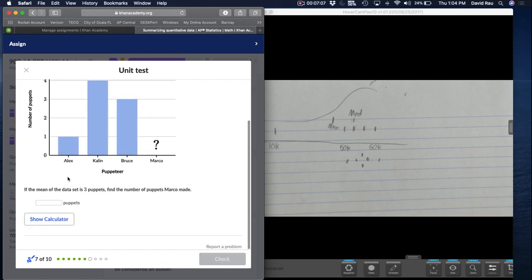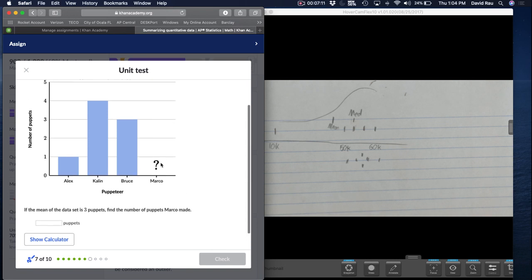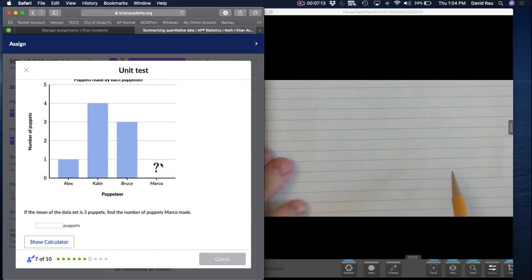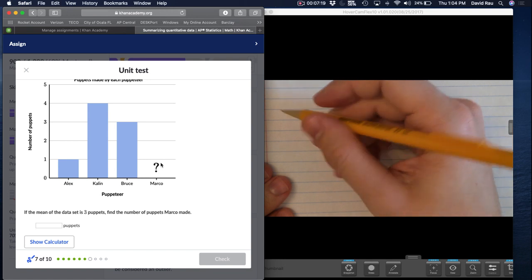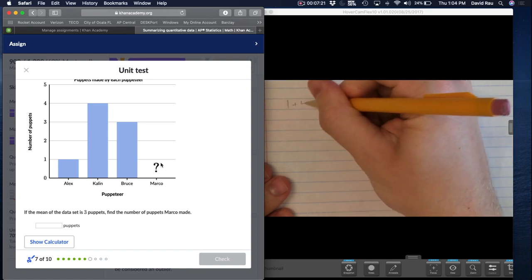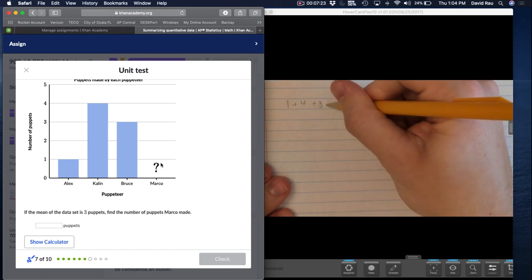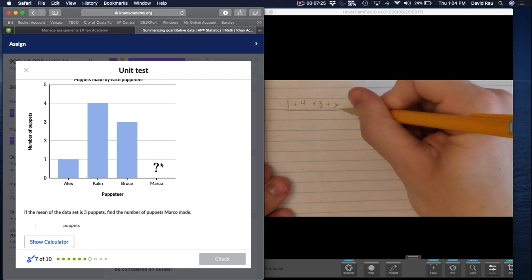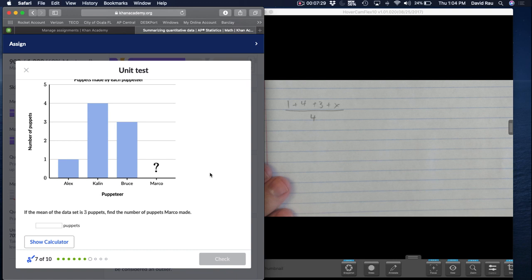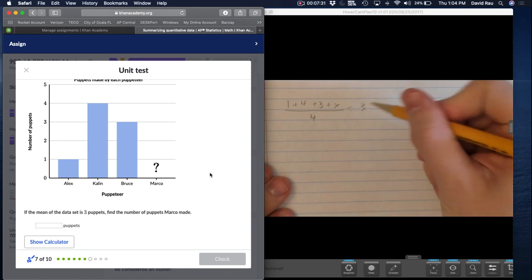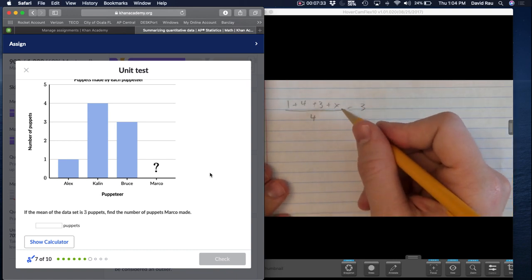All right. Up next, it says if the mean is 3, find the number of puppets Marco made. This isn't even really an AP question, but oh well. So if we have 1 plus 4 plus 3 plus something, all divided by 4, because we have 4 puppeteers, and we know that the answer is 3, the question is, what is that last missing value?